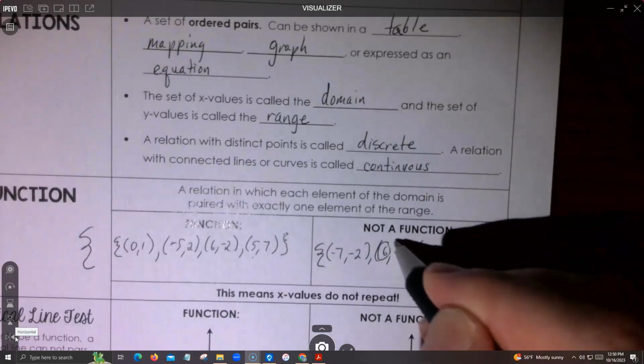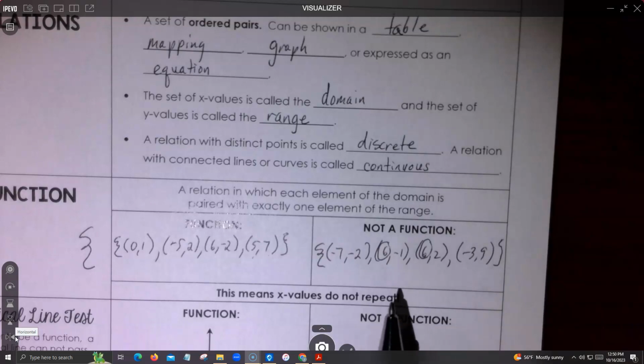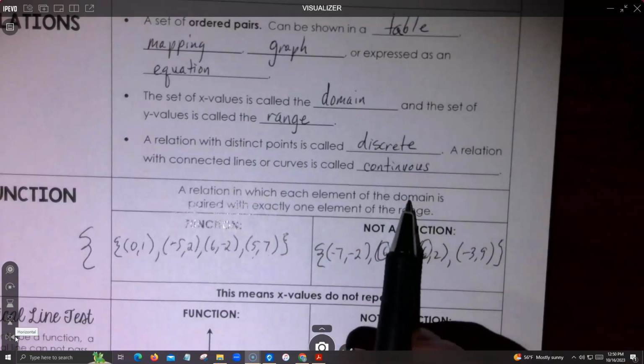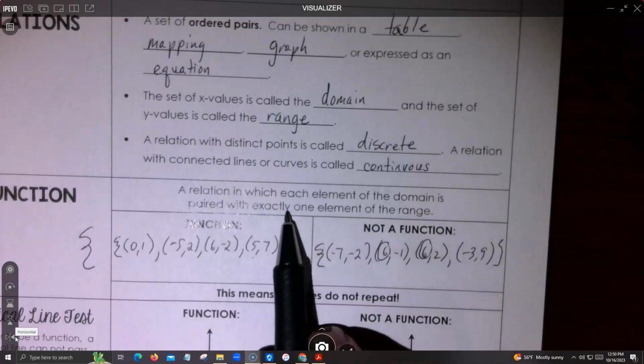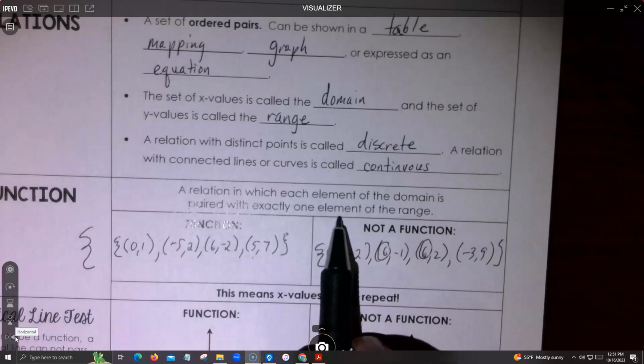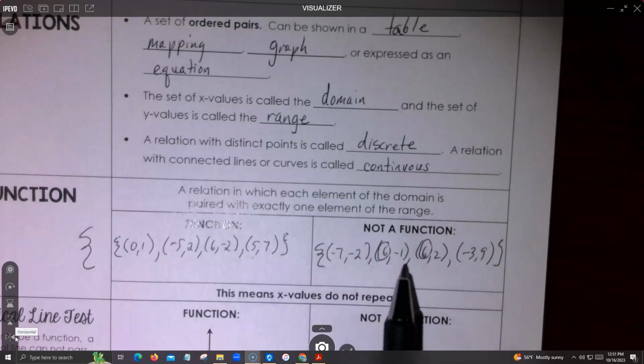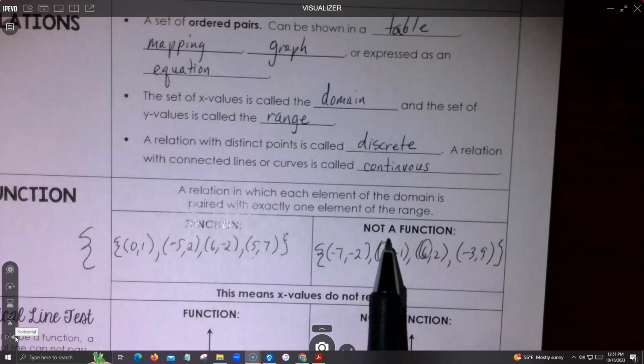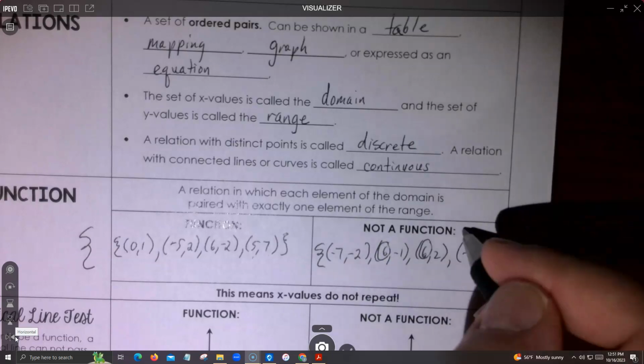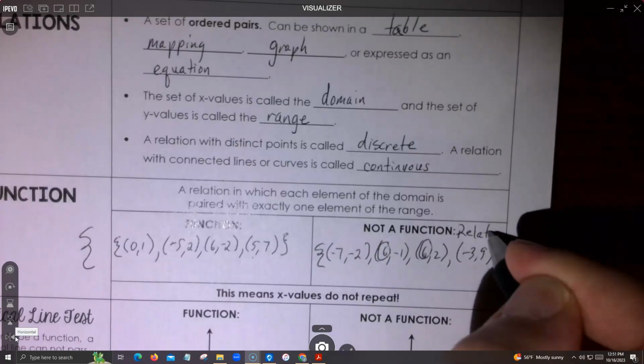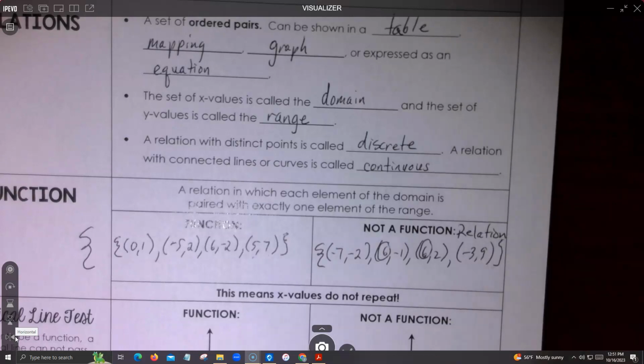So again, I've got a value in the domain, the x's, that is supposed to be paired with exactly one number of the range, and in this case I have 2. So that's why this is considered not a function. It is still, however, a relation. It's just not a function.